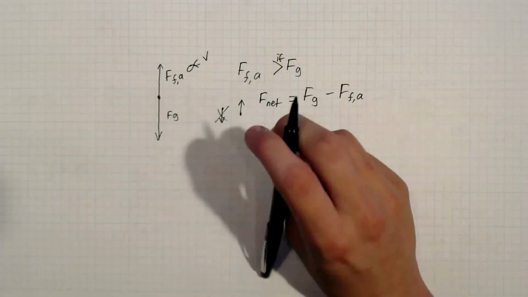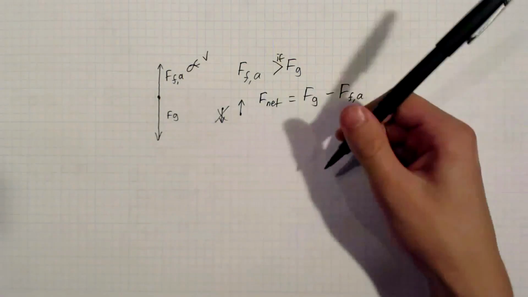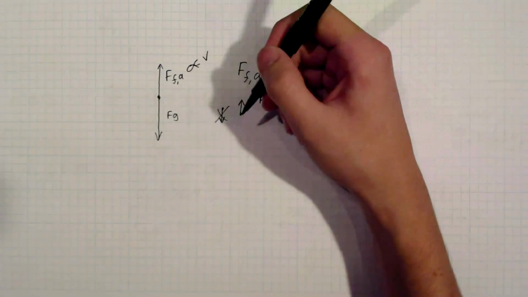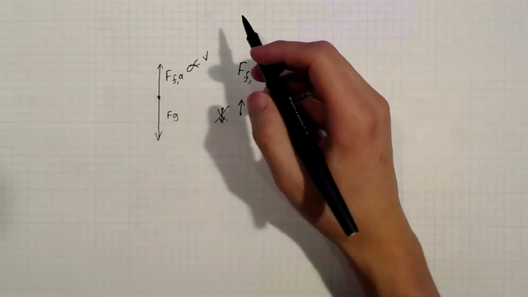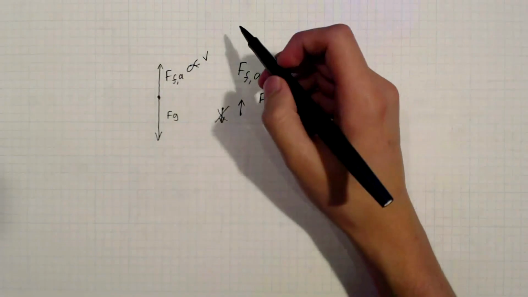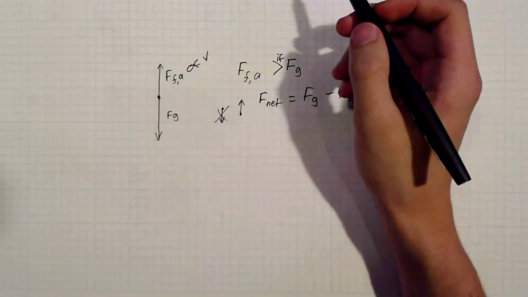That would mean that you would accelerate upwards, and your velocity, which is originally going downwards, would start changing and you'd start going up. But if your velocity started getting less and less, the friction would decrease.